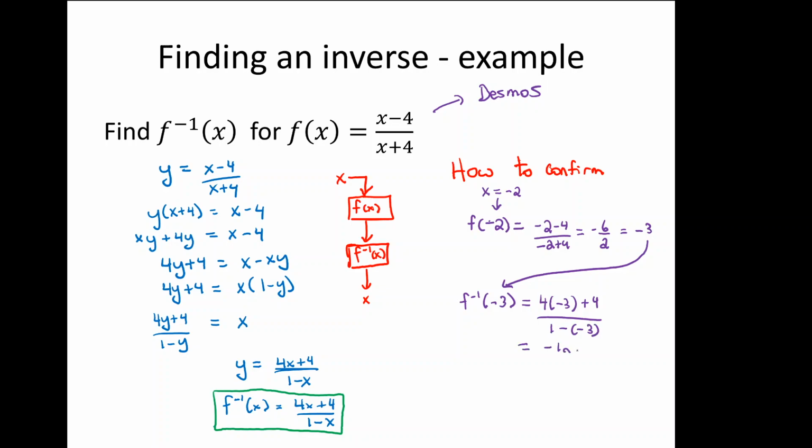So -12 plus 4 over 1 plus 3, oh sorry, 1 plus 3, what am I doing? Getting ahead of myself. So that's going to be -8 over 4, which is -2, as required.